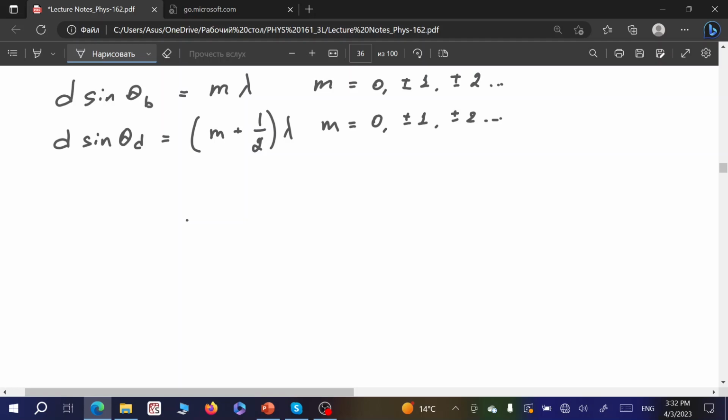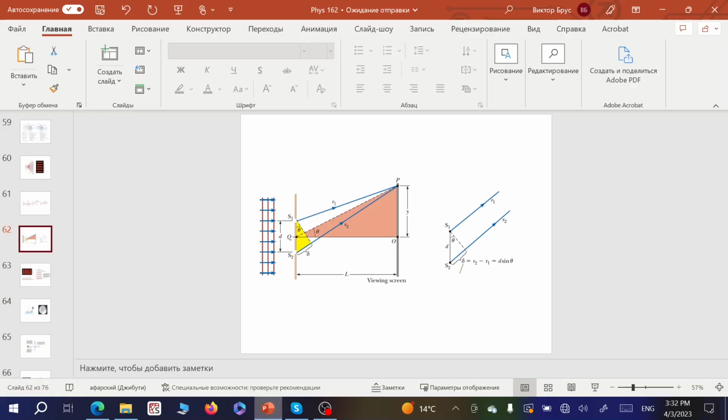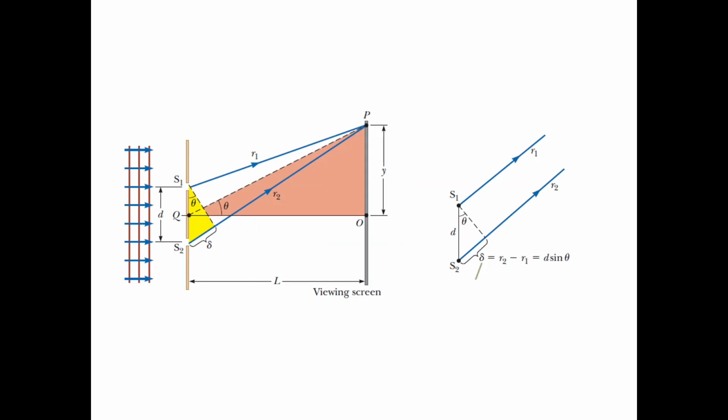So if we come back to this slide, here we would like to also describe it not only in angular position, but also in linear. For that purpose, we need to consider the distance between the slits and the screen.